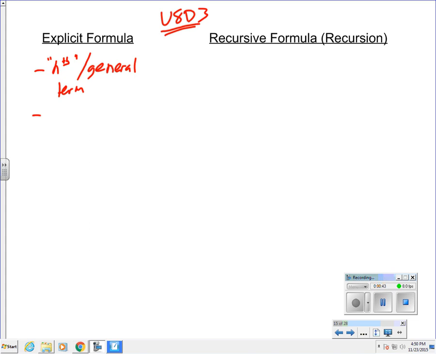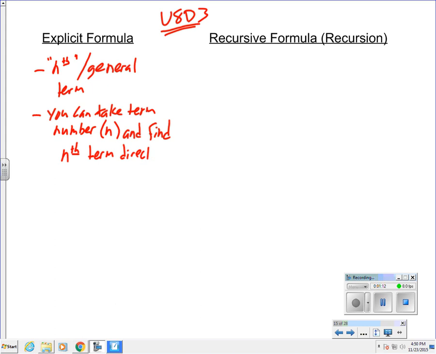You can take the term number, which is what we call n, and find the nth term directly without finding all the terms that come before it. You can just take that term number n and plug it into a formula and find that term directly.